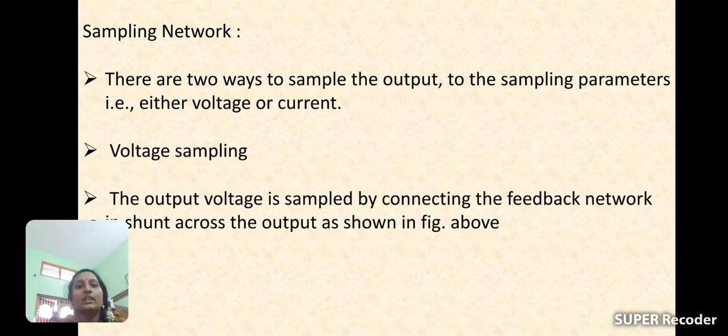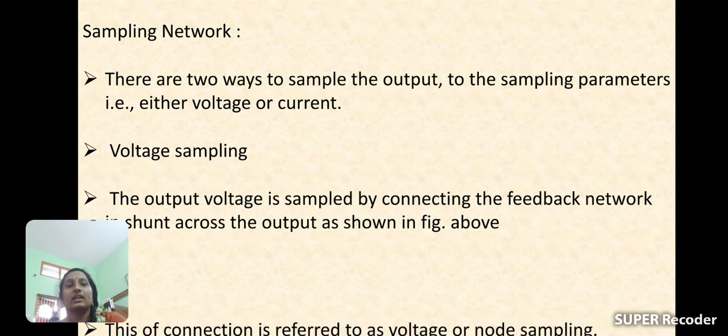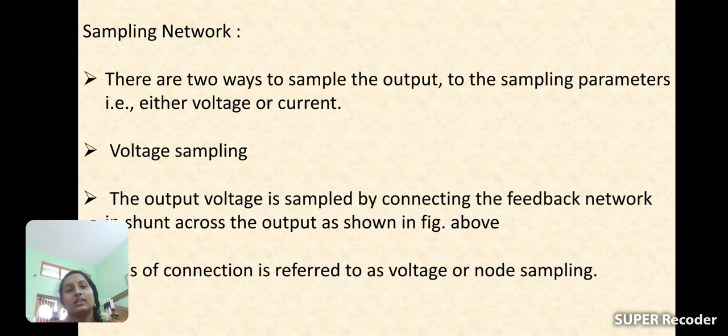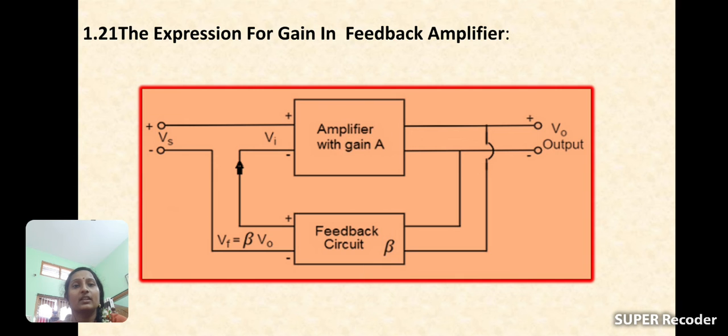If the output voltage is sampled, the feedback network is connected across the outputs in parallel, and for current it is connected in series. Depending on the parameters, the sampling is of two types. Voltage is connected in parallel, current is connected in series. Is it clear?